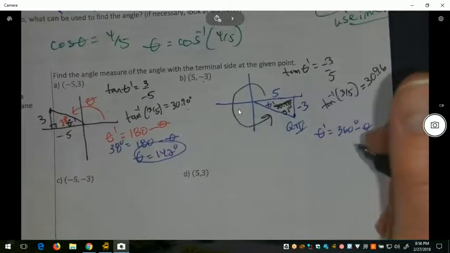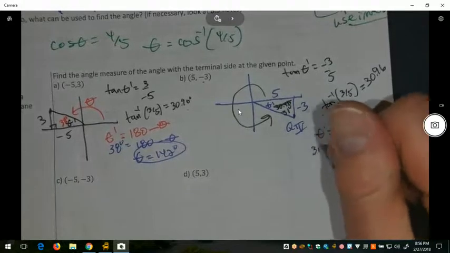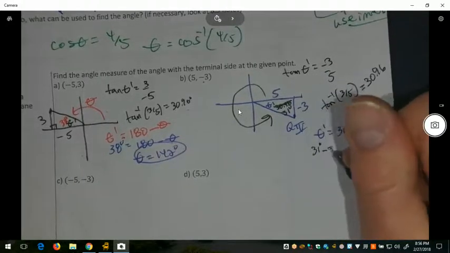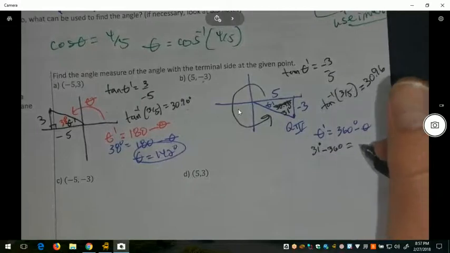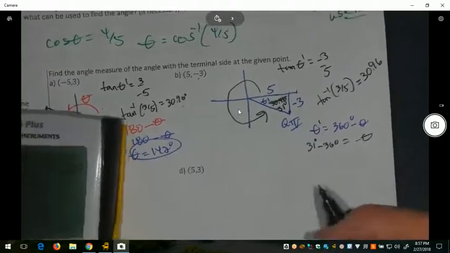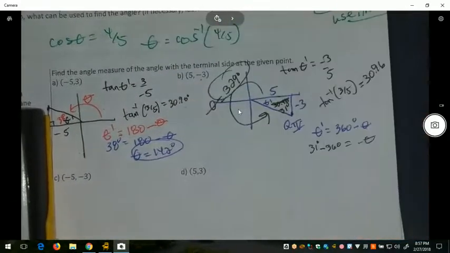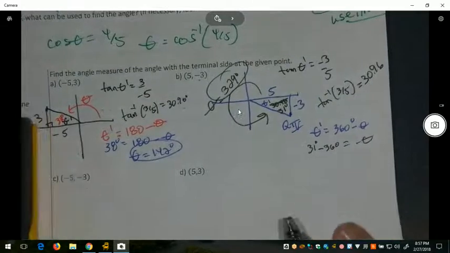All I have to do is take that angle, that 31 degrees, subtract from 360, or do 360 minus it. 360 minus 31 is 329 degrees, the actual angle for that terminal ray.